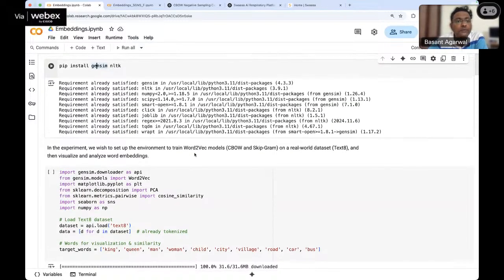For this, we just install Gensim and NLTK with pip install. I'm not running this code because running it on big data takes a lot of time.